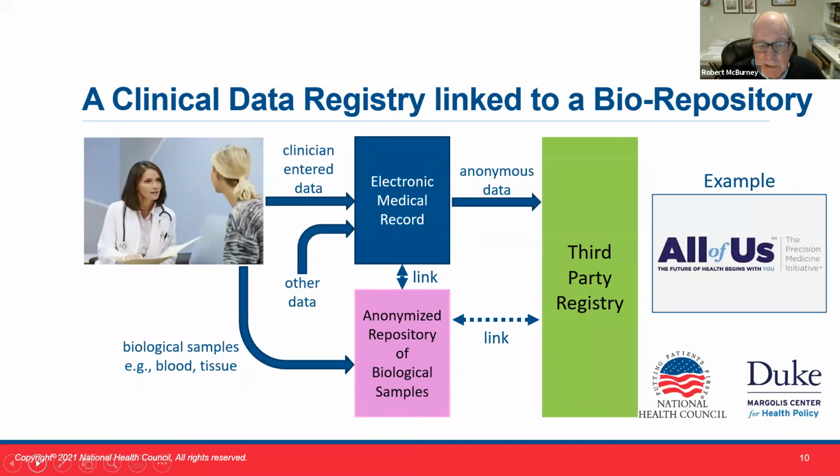And then there is a link using the same code that is given to the data. There's a link to those samples through that code. So the samples are also anonymized in the repository.